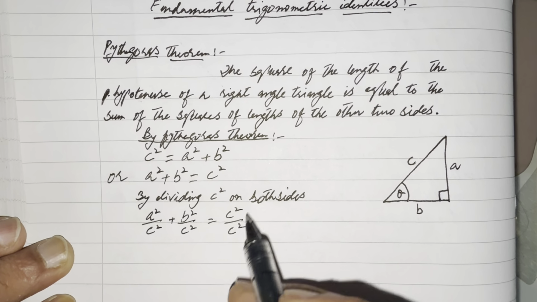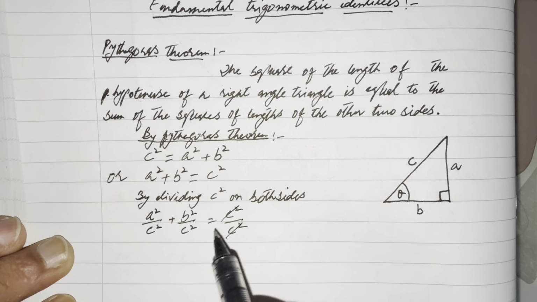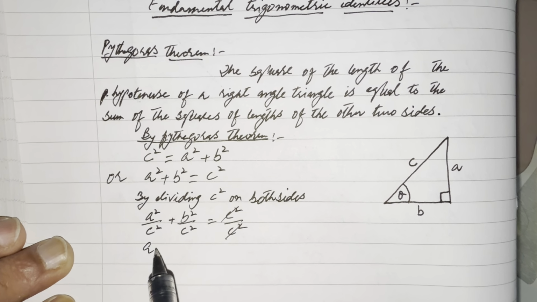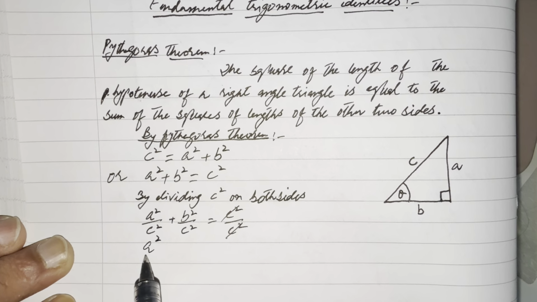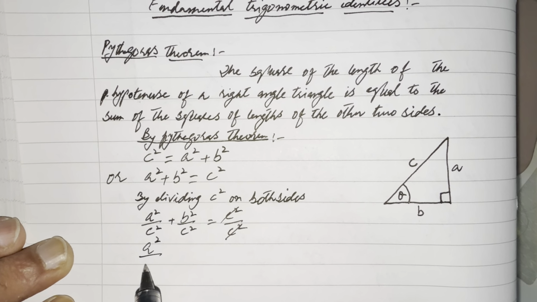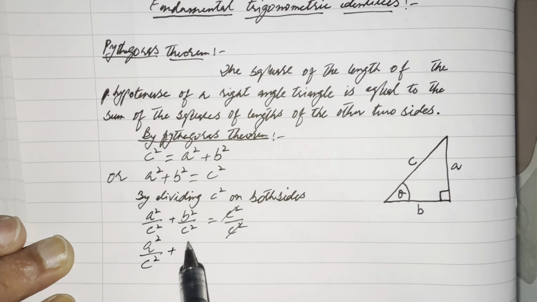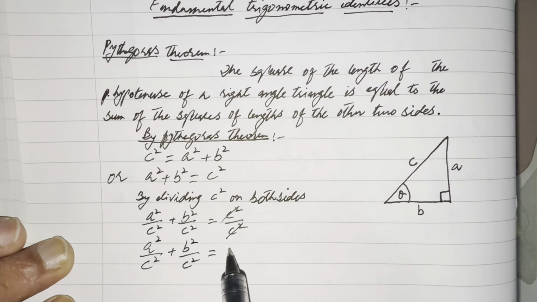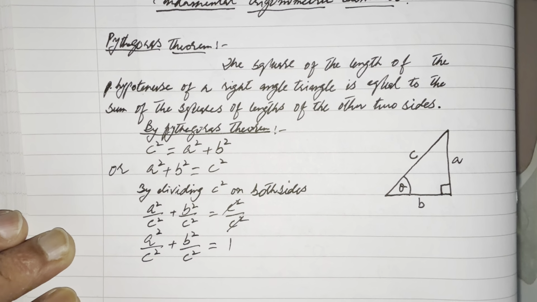So this C square will be cancelled with this one. Now we can say that A square over C square plus B square over C square is equal to 1.